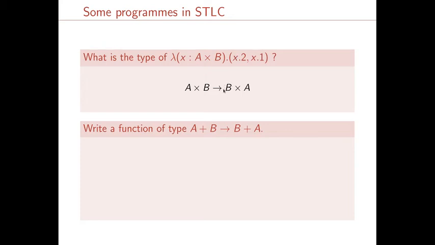So in the first component of this pair, we get an element of B. In the right component, we have x dot 1. Since x is of type A times B, x dot 1, the first projection, is of type A. So to the right of the times symbol here, we get A.